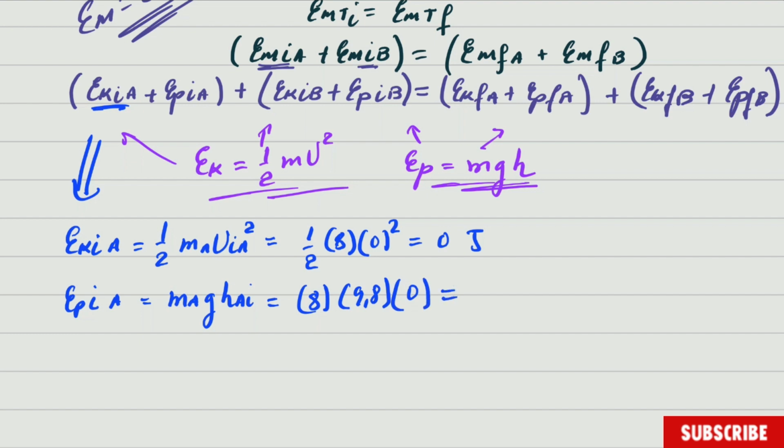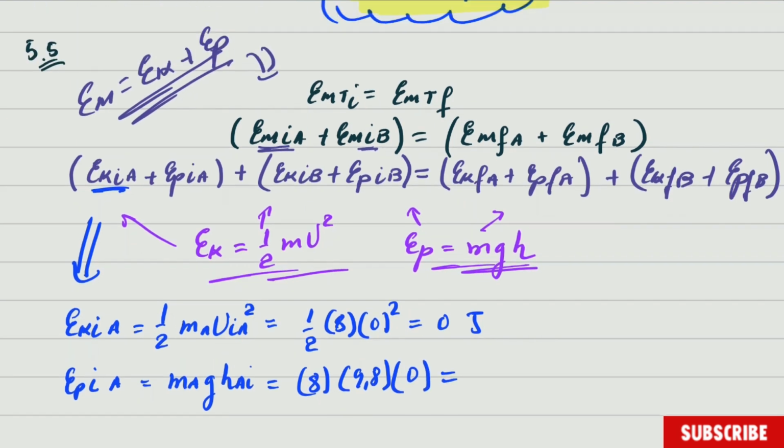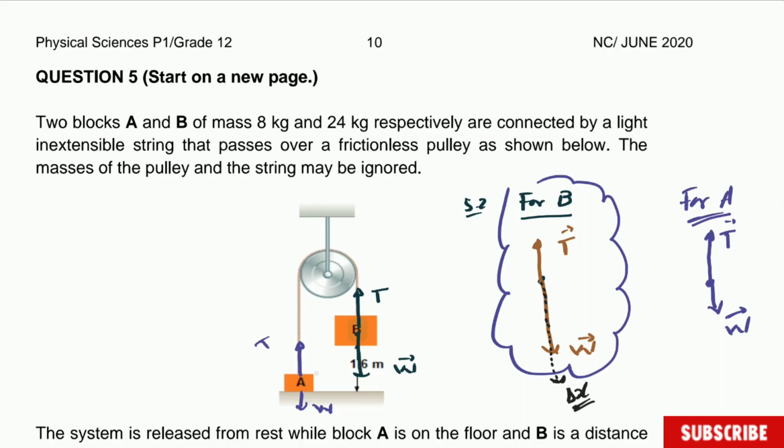You must go to the picture there. Let me show you. You can see there for A, the initial height is equal to 0. The initial speed is equal to 0. The initial speed for B is equal to 0, and the initial height for B is equal to 1,6 meters. Now what is important to know?